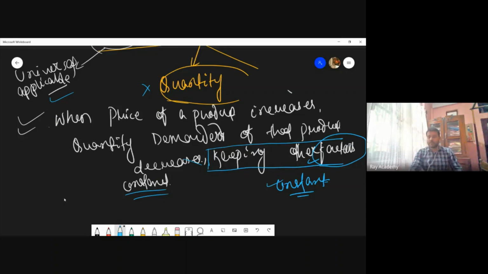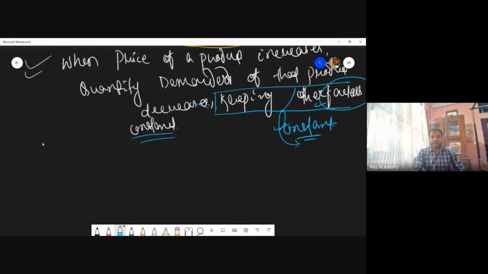I will discuss separately what those other factors are, not now. So in short, when the price increases, quantity demanded decreases, and vice versa. Vice versa means when the price decreases, quantity demanded increases.